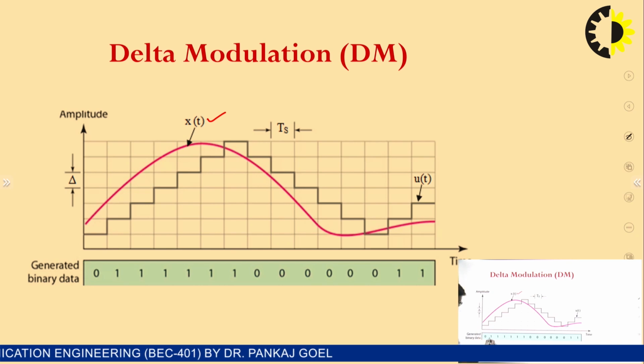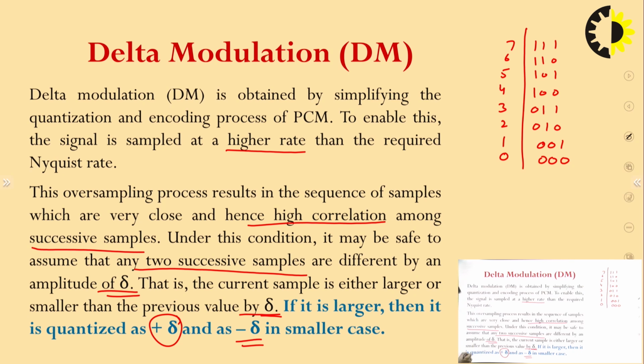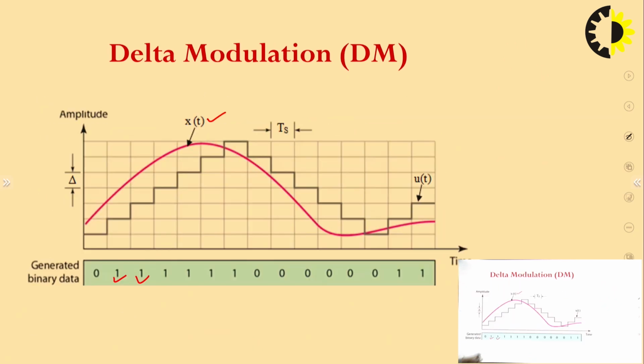So here, because the difference is plus delta, as we can see here, the difference is plus delta because the next sample is greater than the previous value by an amount delta. So it is denoted by logic 1 up to this point, and our staircase waveform, which is the quantized waveform, is trying to catch up with the message signal.